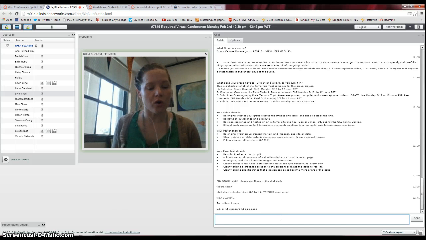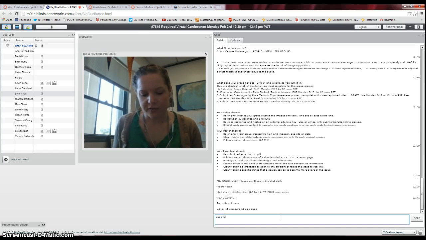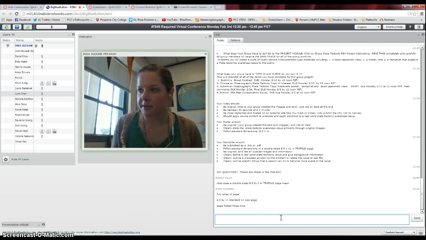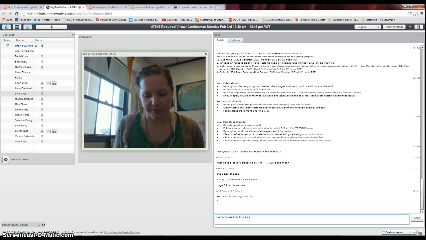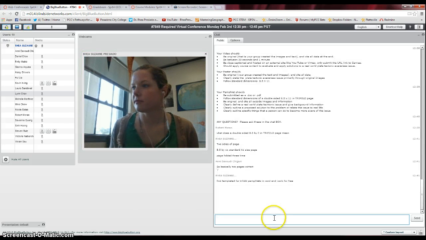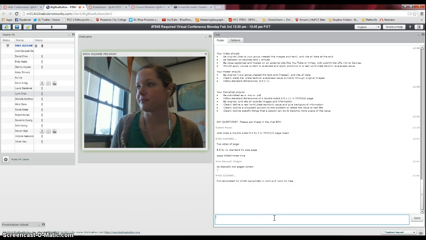And trifold means that the page is folded 3 times. And you might find templates for trifold pamphlets in Word for free. Yeah, it's 2 pages.